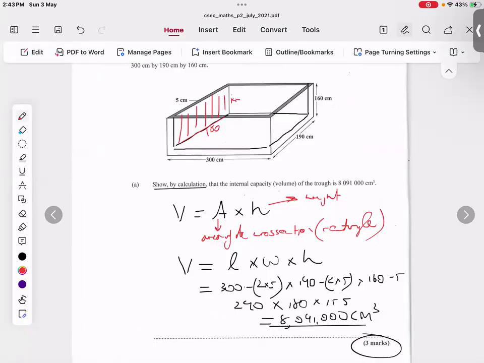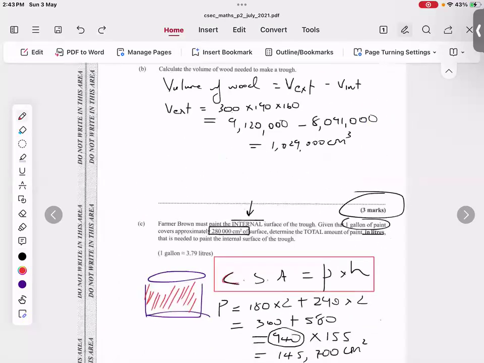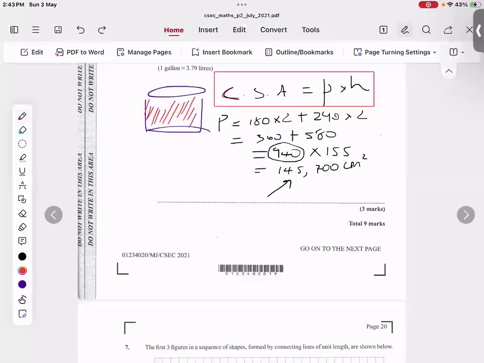So go ahead and multiply 180 times 155 times 2. How much do you get for that? Length times width, 55,800. When you times it by 2?